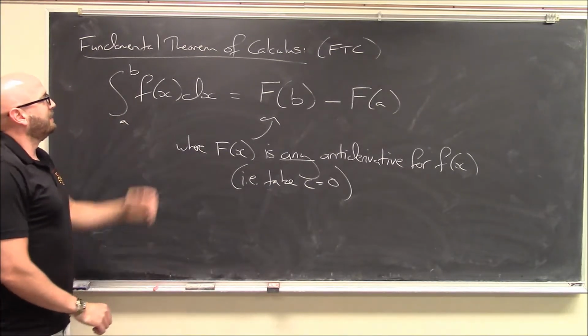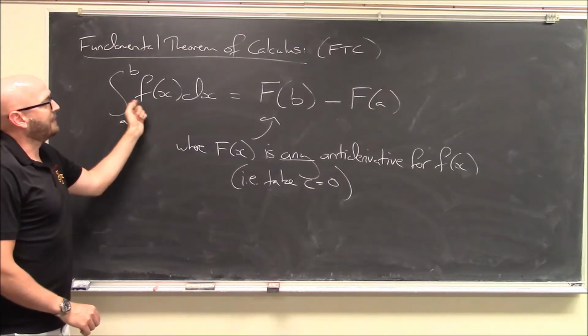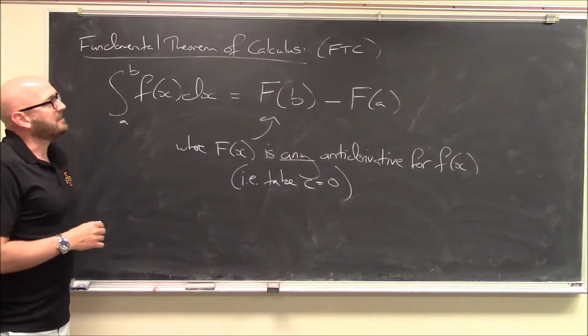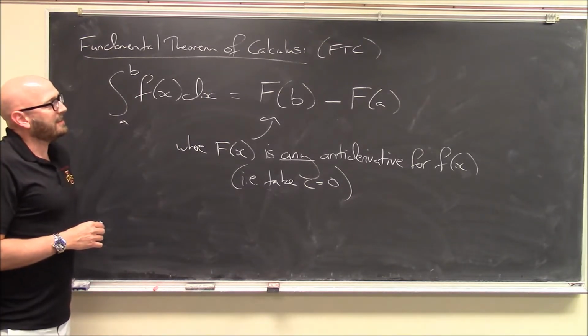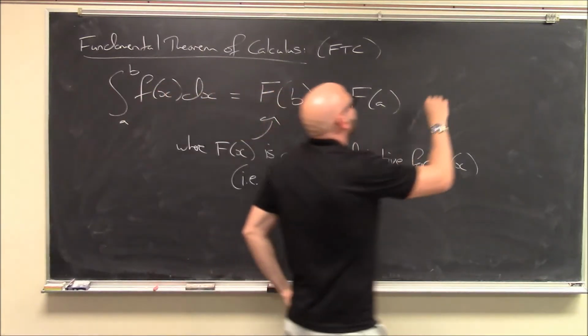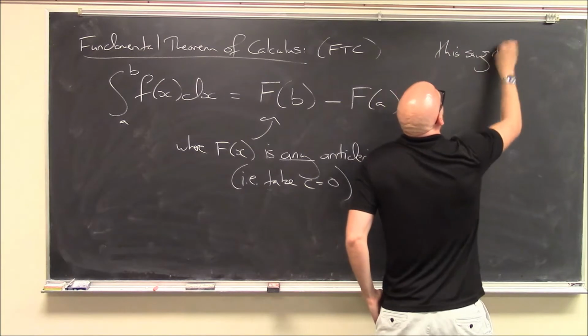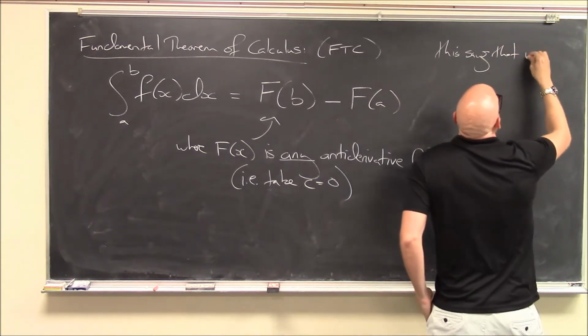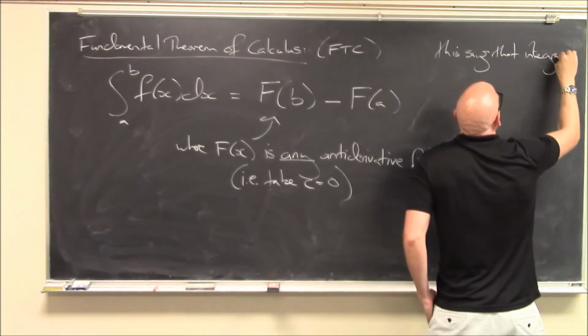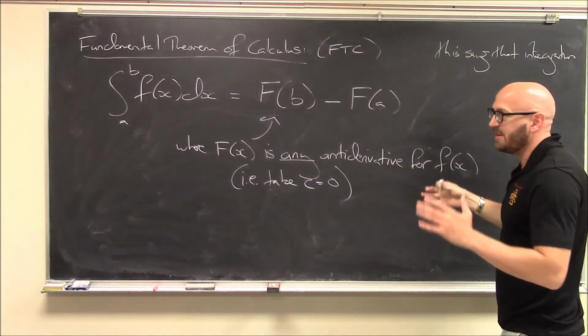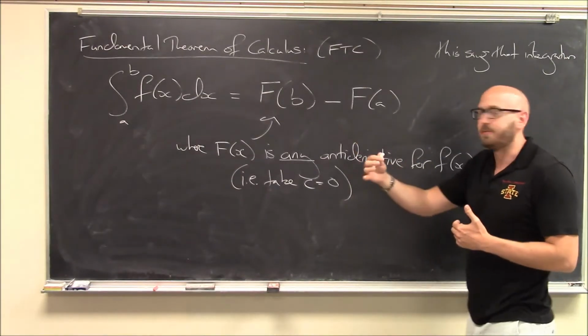And again, it relates back to everything we've done so far. It says that if you want to find areas, you find antiderivatives. And what does that actually say? That says the following: that integration is really, in some very strong sense, just antidifferentiation.